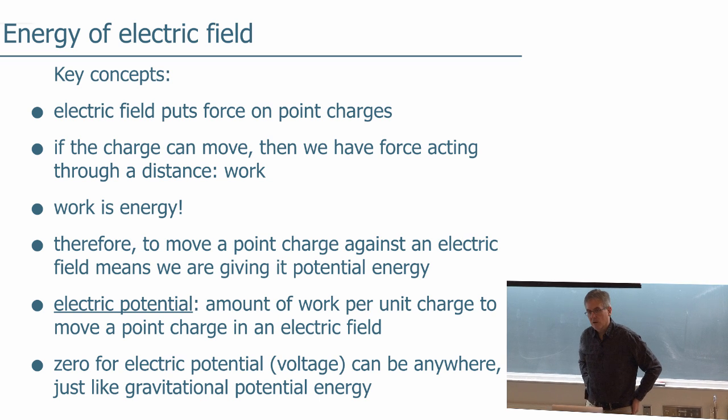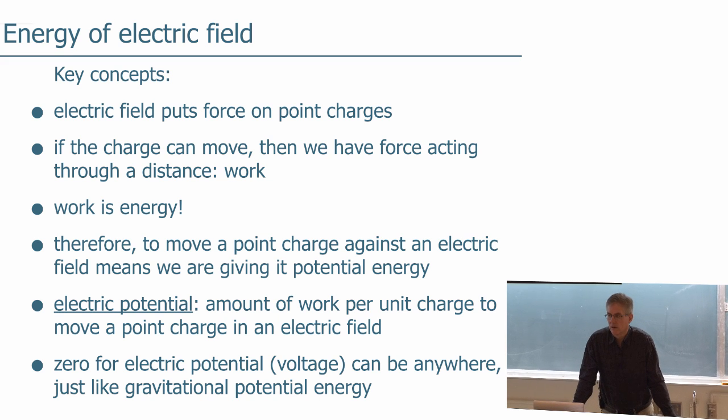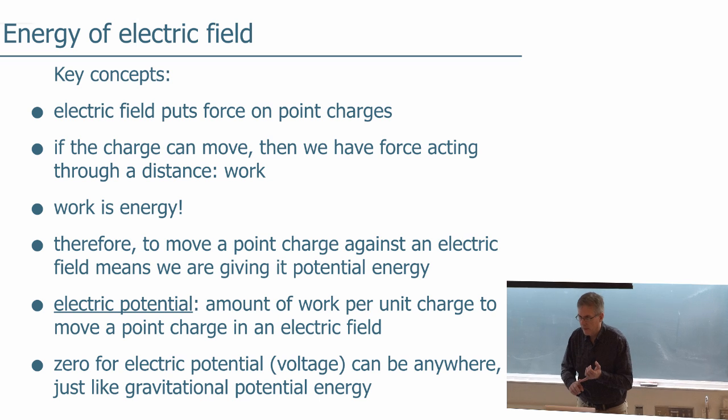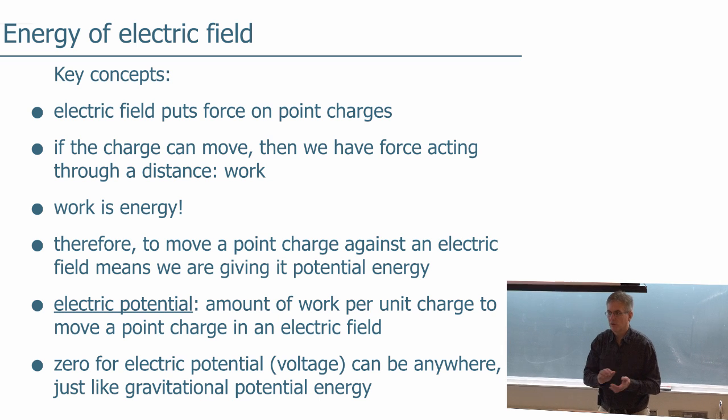So we define something called electric potential, which you've already encountered in Physics 7B when you did the work with circuits. Electric potential is just the amount of work per unit charge to move a point charge in an electric field. Now, that might just sound like a bunch of words, but you already know that it takes work to move the charge in the field.